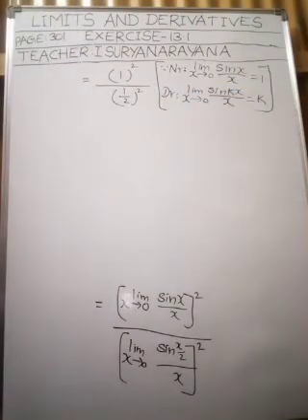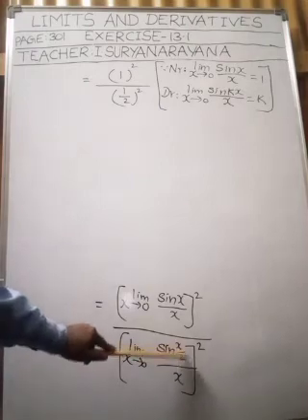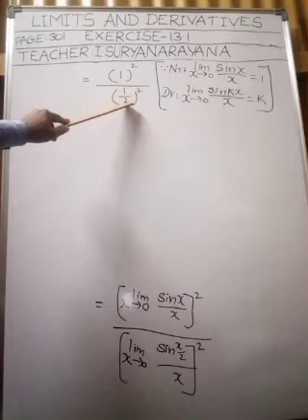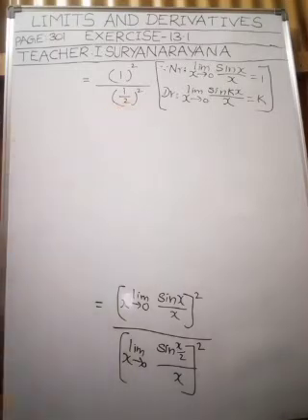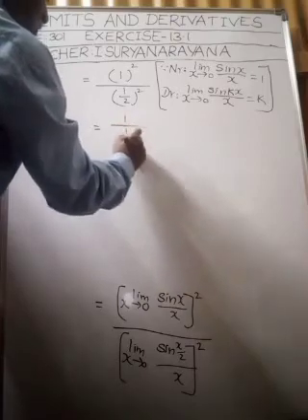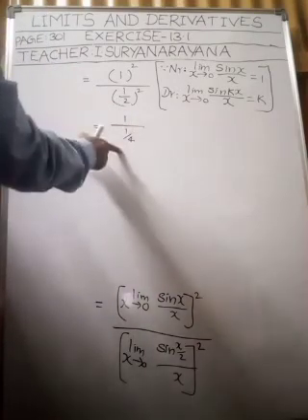What is here? Coefficient of x is 1 by 2. So 1 by 2 whole square. Understood this denominator, my children? Right. That is equal to 1 by 4. Understood this step, my children?